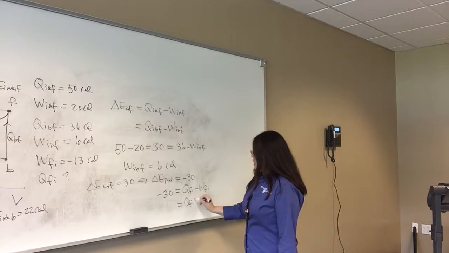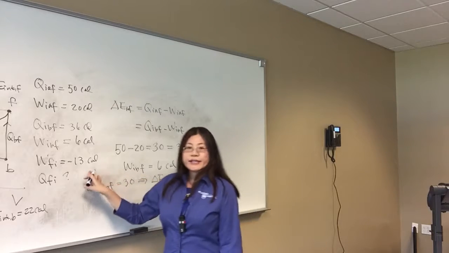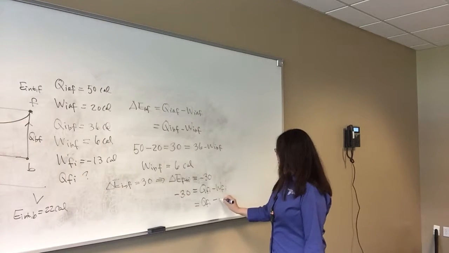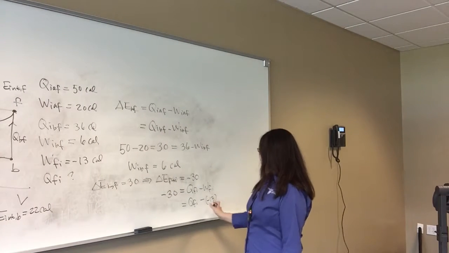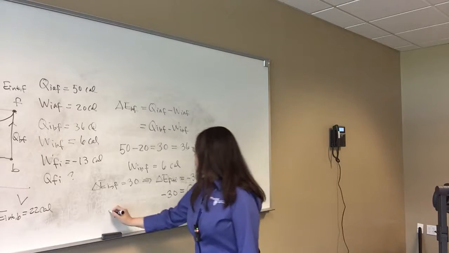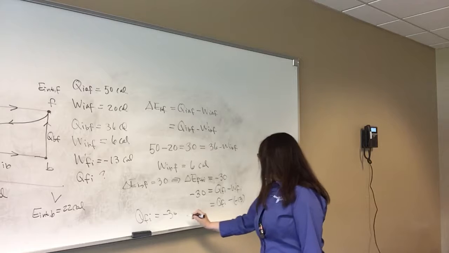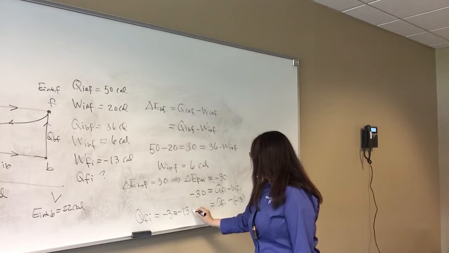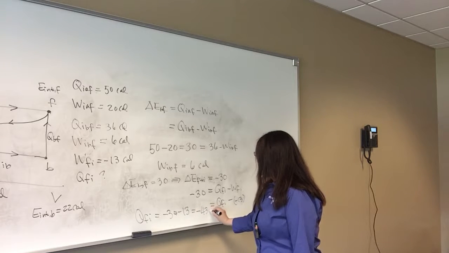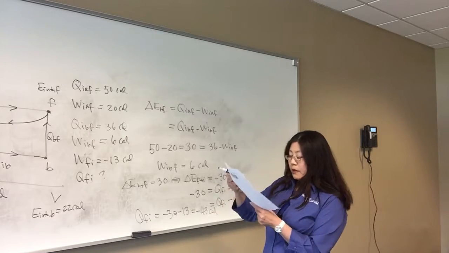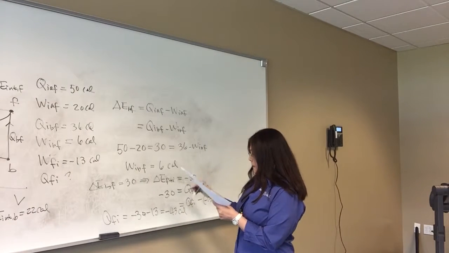QFI, we don't know. WFI is given, which is negative 13. So once you have that, you'll find that your QFI will be negative 30 and then minus negative 13, so you get negative 43 calories. So that will be QFI.